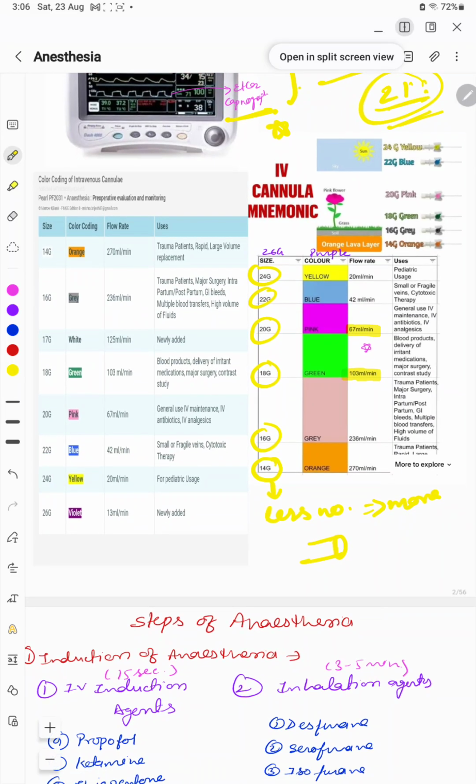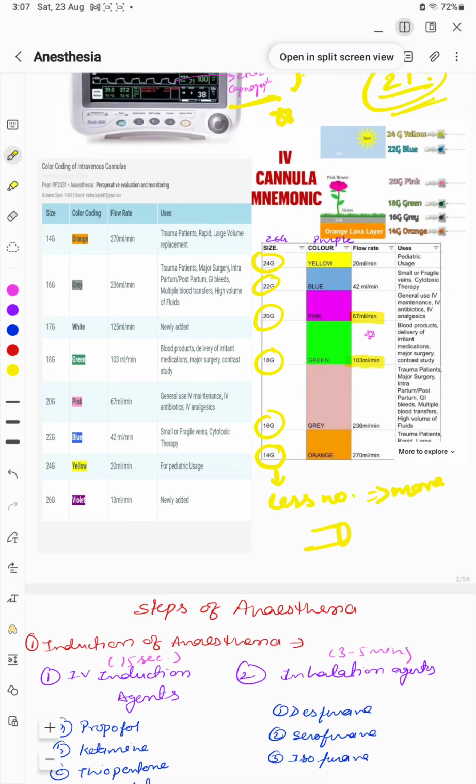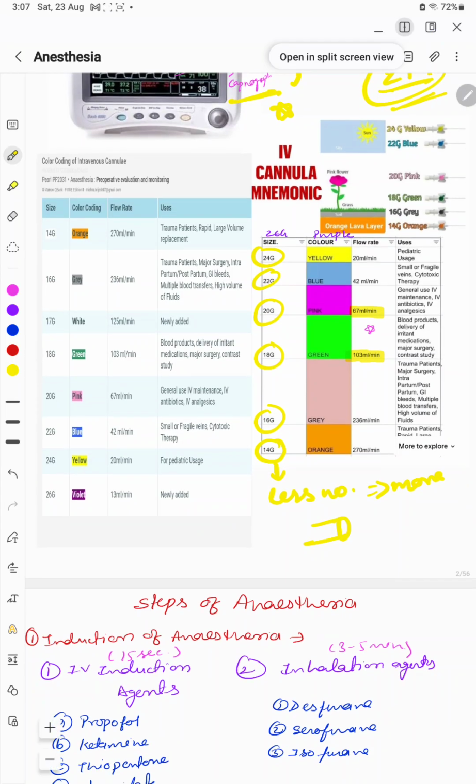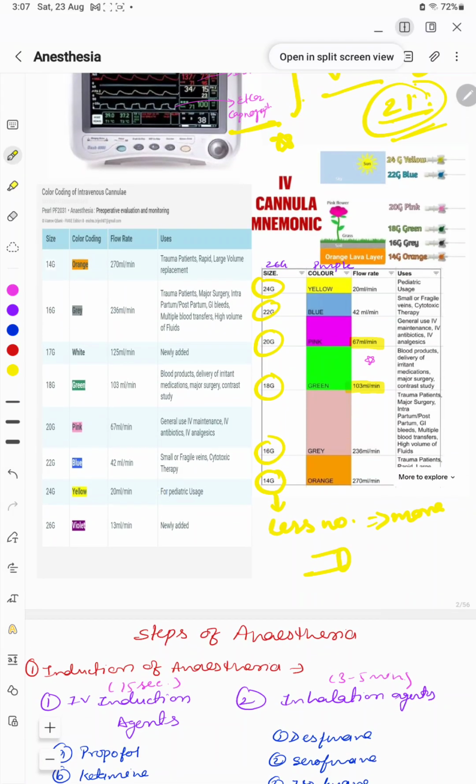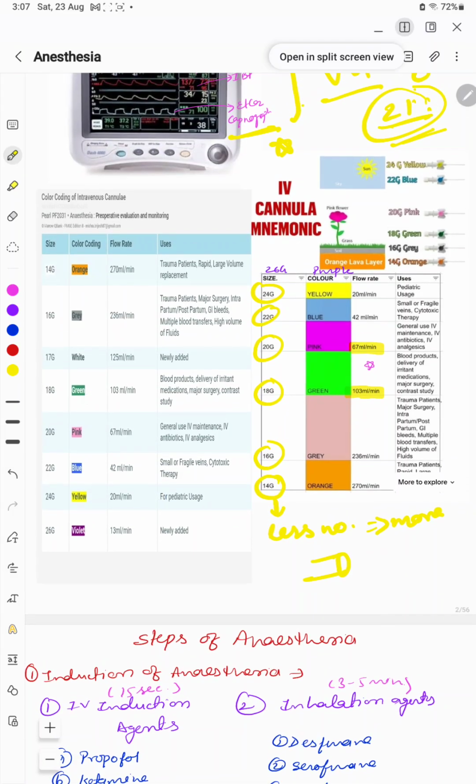This was before this year. Now two new cannulas are added. You can see here the new cannula. This is white, 17G is newly added, and violet.